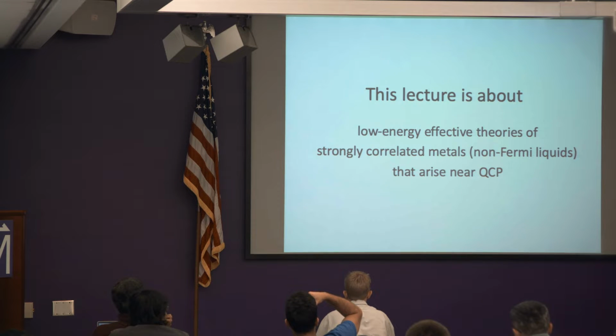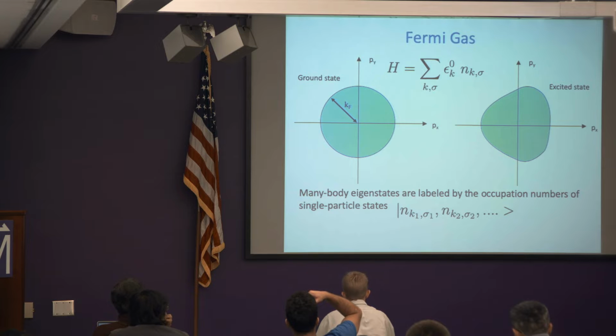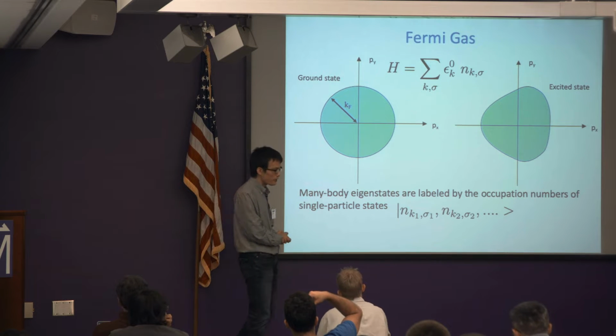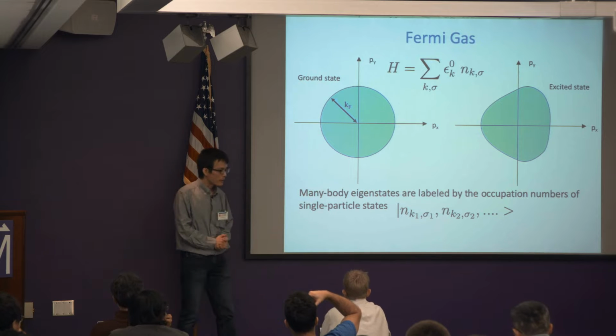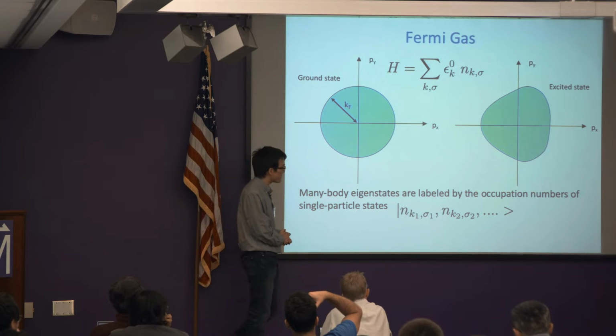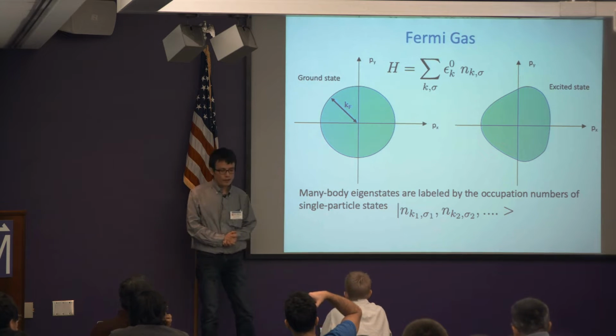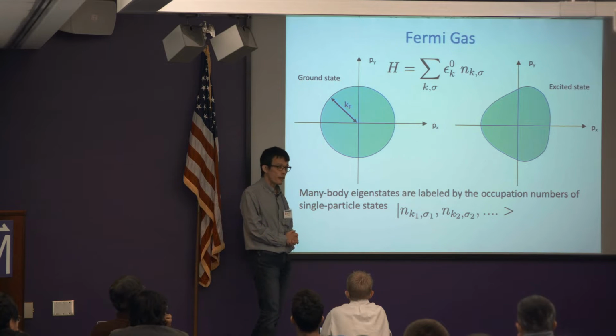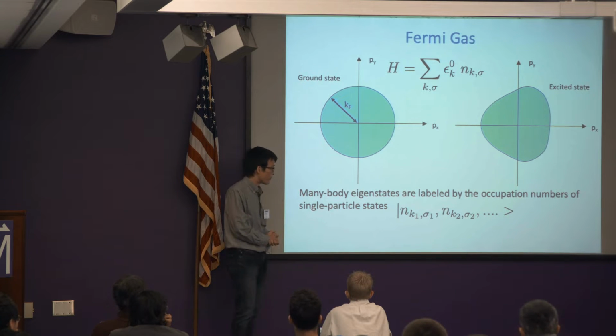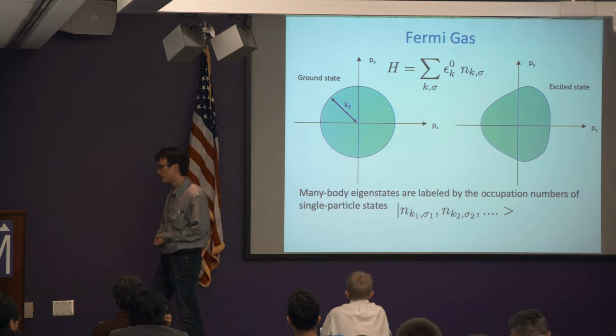So before we talk about non-Fermi liquids, let's start with non-interacting fermions. We all know that they can be diagonalized using a single particle basis, and many-body eigenstates are labeled by the occupation number of single particle states.